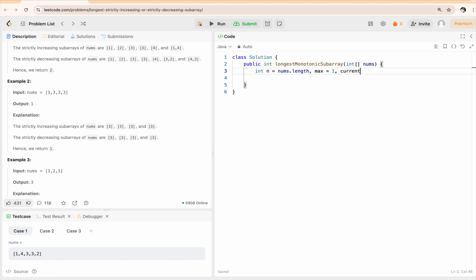And then we will take current length. Since max is 1, current length is also initialized with 1, because any single number by itself is a subarray and is neither increasing nor decreasing. That's why we initialize both max and current length as 1.